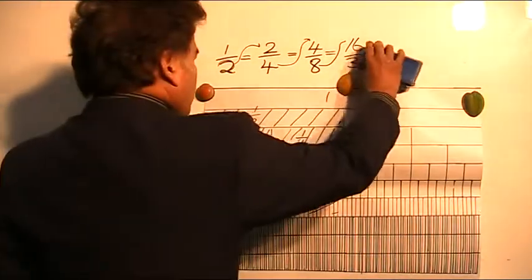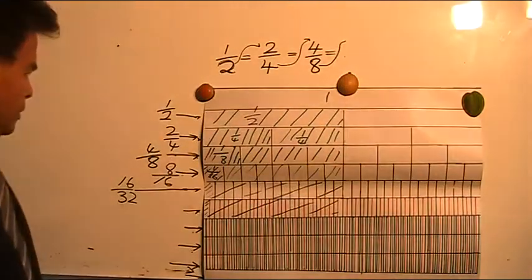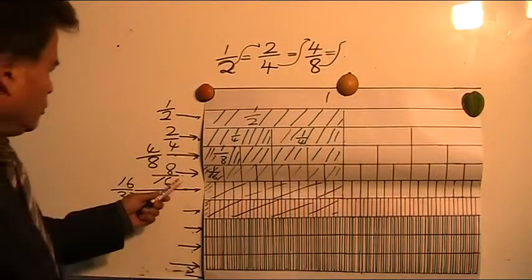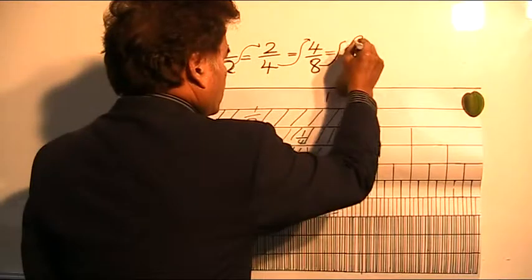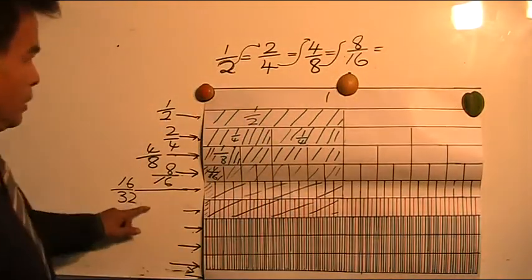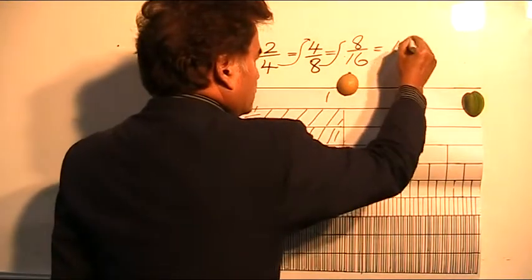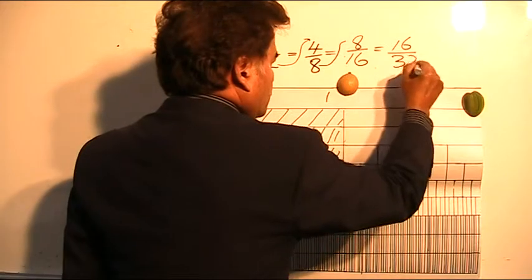Okay. So this will be what? Supposed to be what? So here should be 8 over 16. First of all, 8 over 16. And the next will be what? 16 over 32.